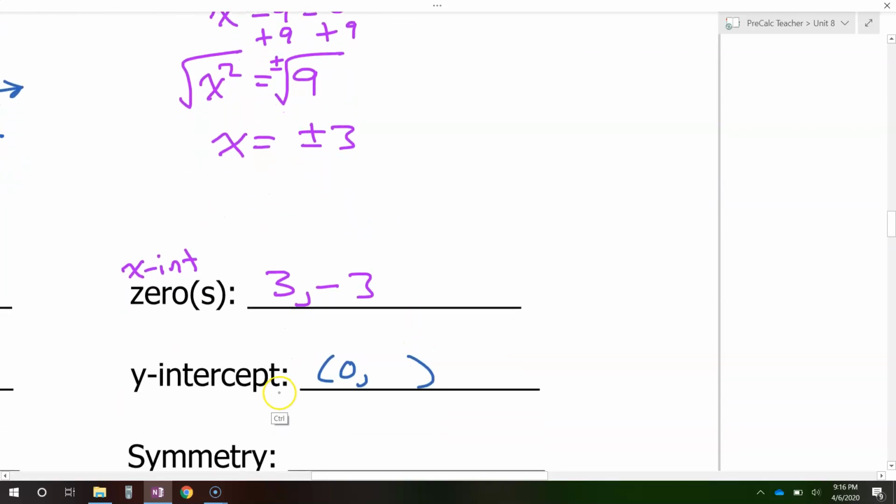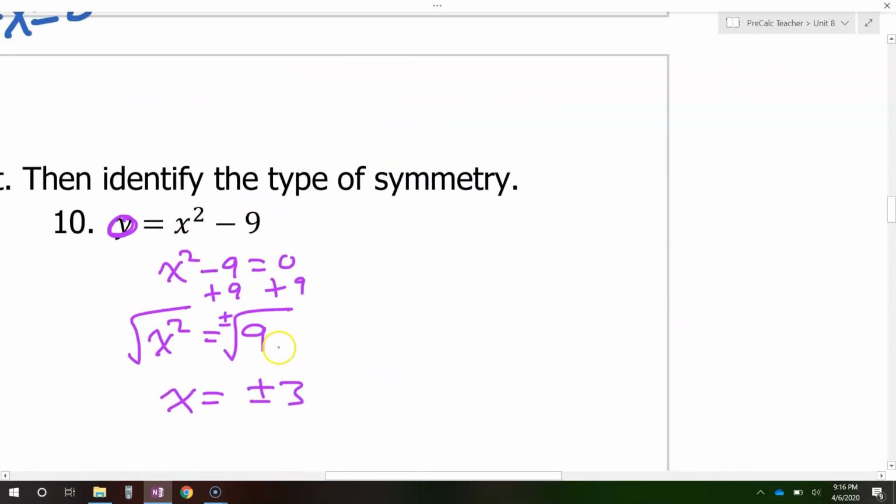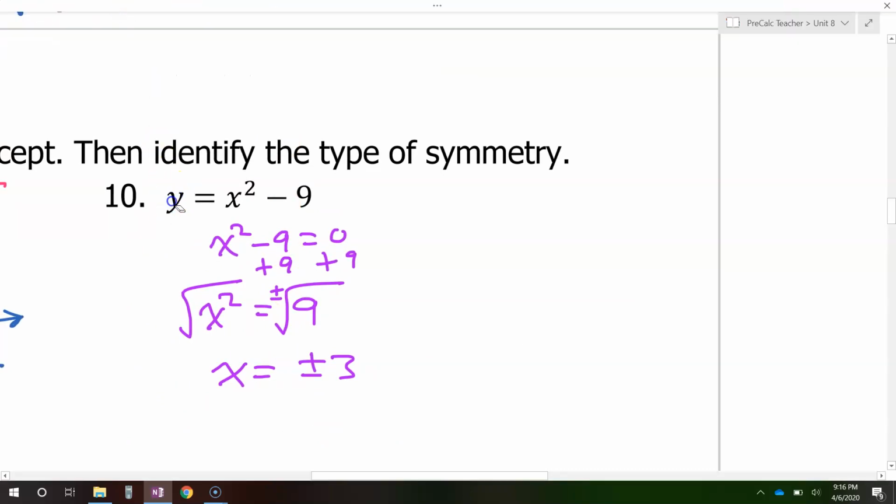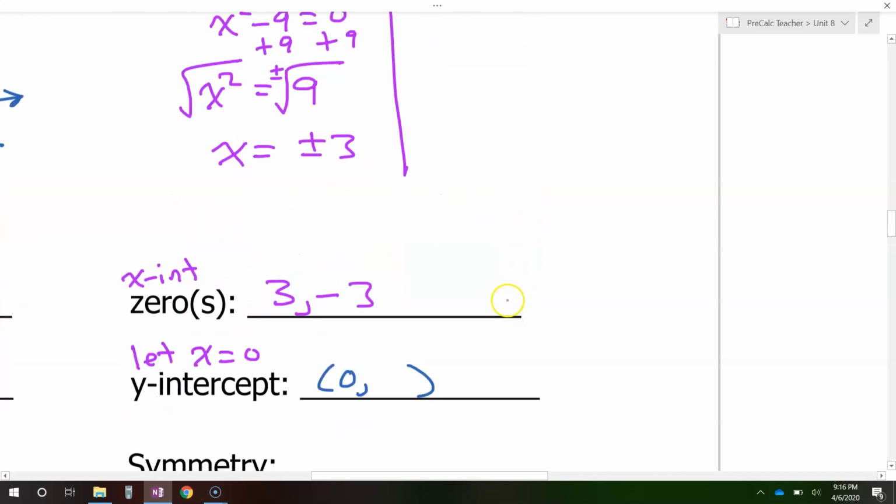Now, the y-intercept. To find the y-intercept, you let x equal 0. If x equals 0, that means I have a 0 right here. So that gives me y equals negative 9, because this part is 0, and 0 minus 9 is negative 9.